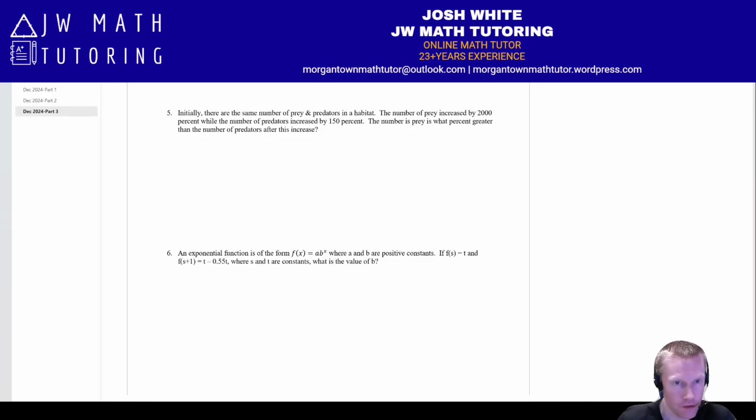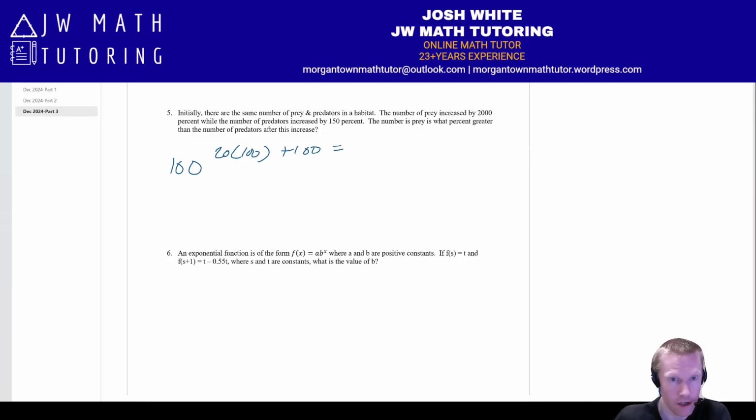So the way I would solve this is by picking numbers, and I would say, okay, we're going to start with 100 for each group. The prey increased by 2,000%. So 2,000% of 100 means you take 20, which is the decimal equivalent of 2000%, and you multiply it by 100, and then of course we add that to the starting value.